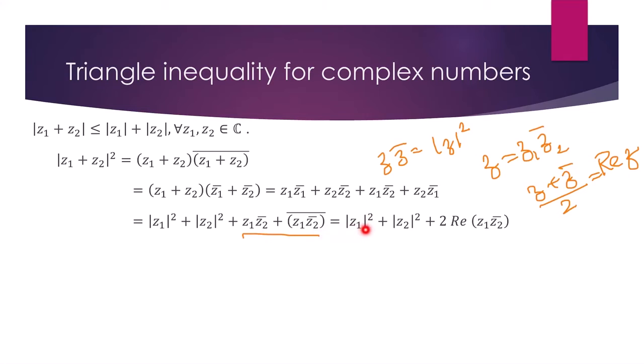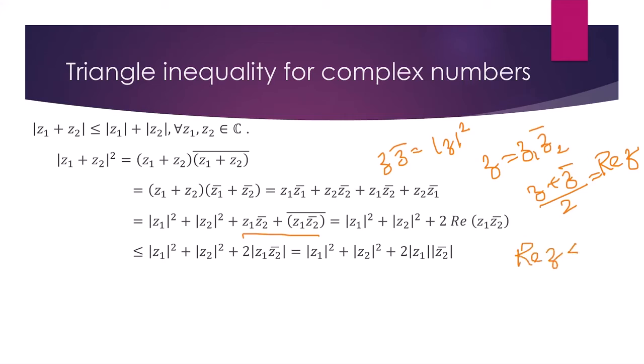So I can write this as mod z1 square plus mod z2 square plus 2 times the real part of z1 z2 bar. Now we know that the real part of z is less than or equal to mod z.